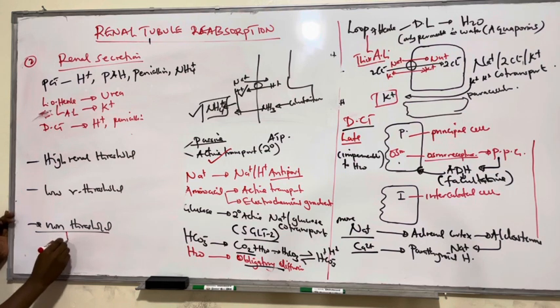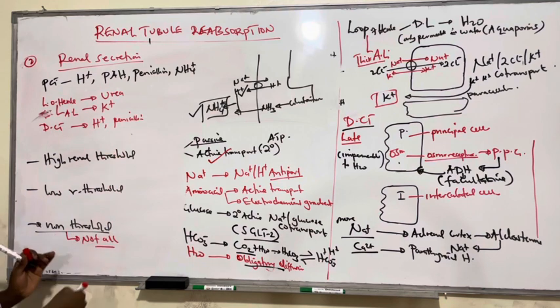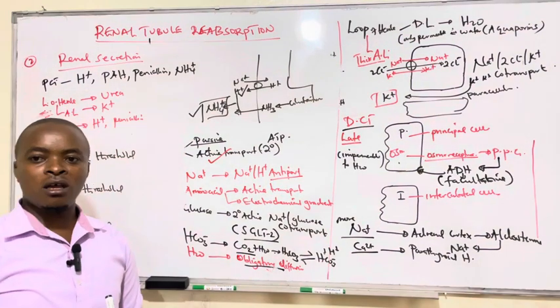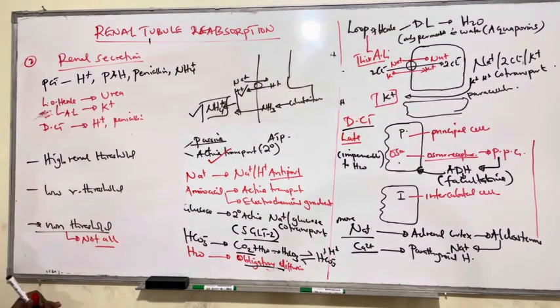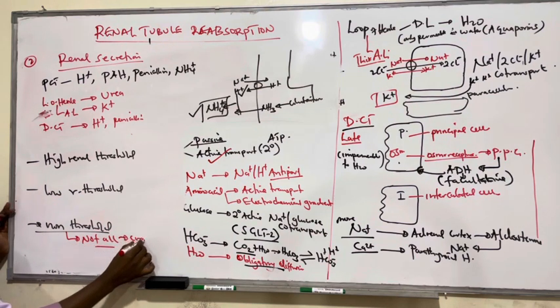Non-threshold substances are not reabsorbed at all. The way they enter the glomerular filtrate is the way we excrete them in urine. An example here is creatinine. Creatinine is neither reabsorbed nor secreted.